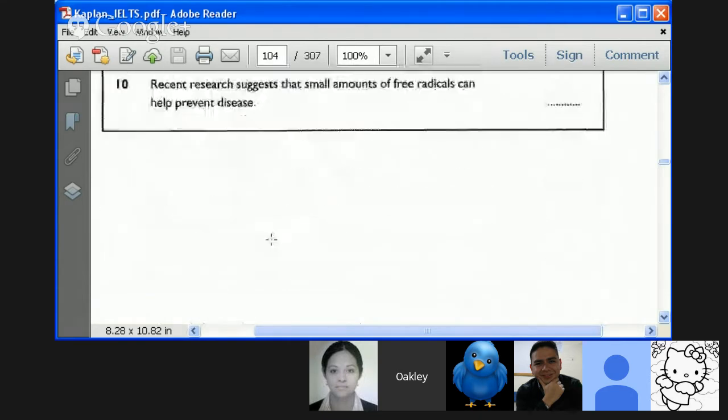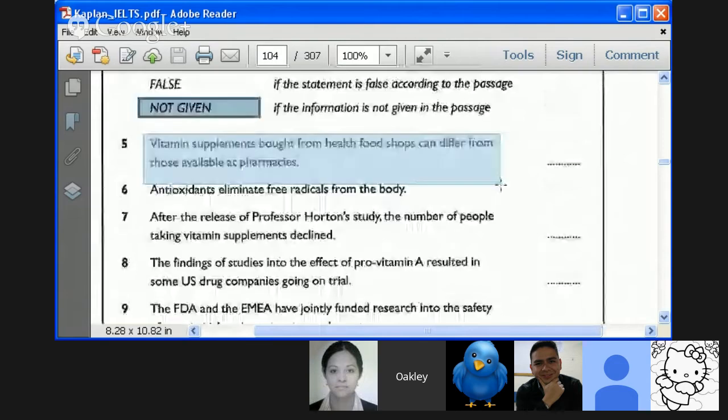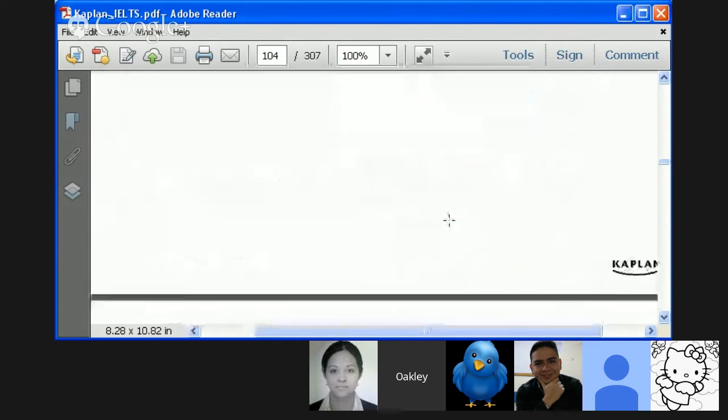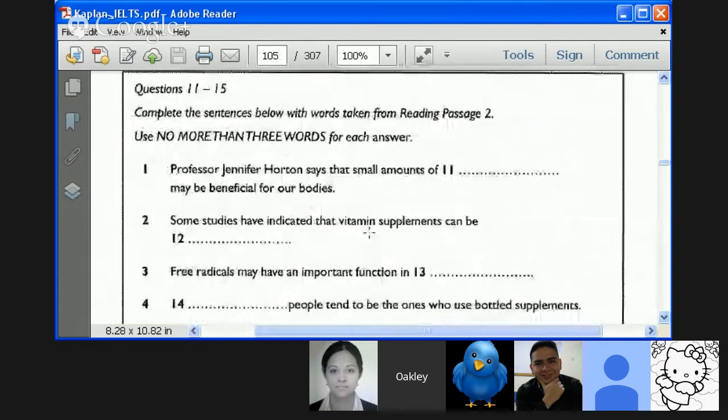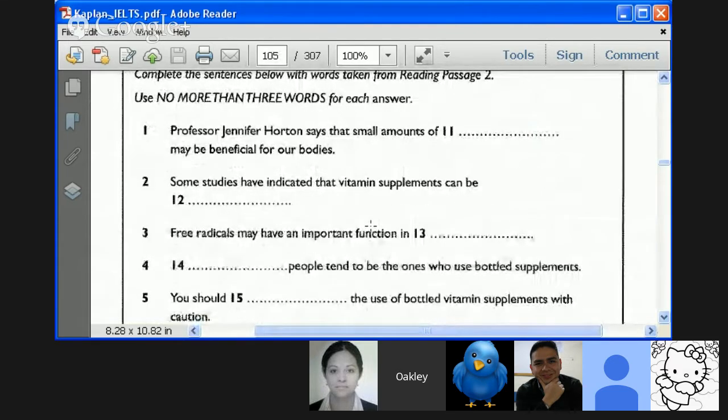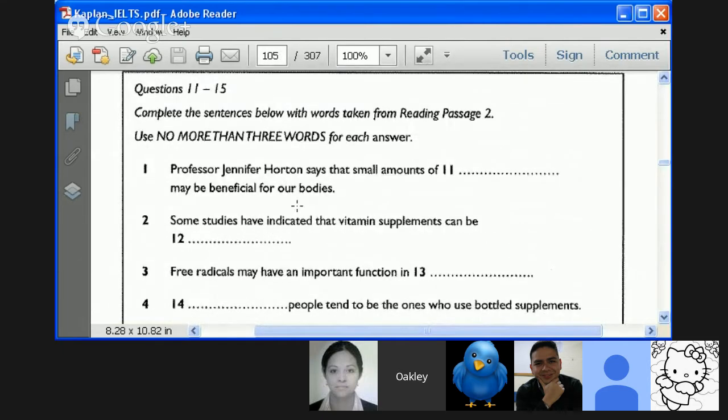So I know this is really a scanning job, as is the first one. I know I'll have to do a lot of scanning. And then I have a fill-in-the-blank exercise, which is also dependent on a lot of scanning.